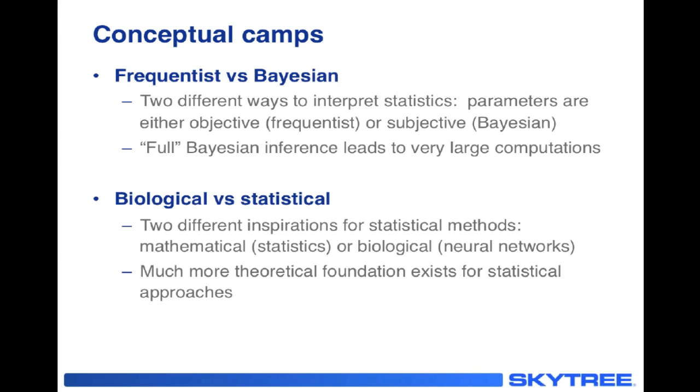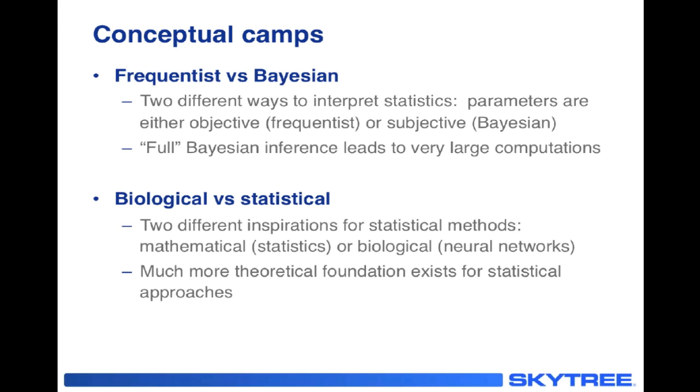There are some conceptual camps you should be aware of, and one of the big ones, which will be the subject of a whole webinar because it's a complex topic, is frequentism versus Bayesianism. It's one of the most common questions I get from scientists when they start to sit down to do data analysis.